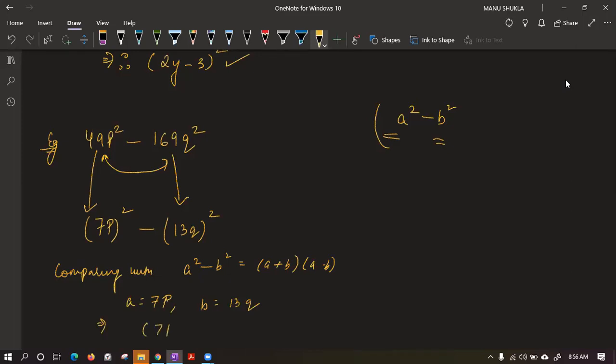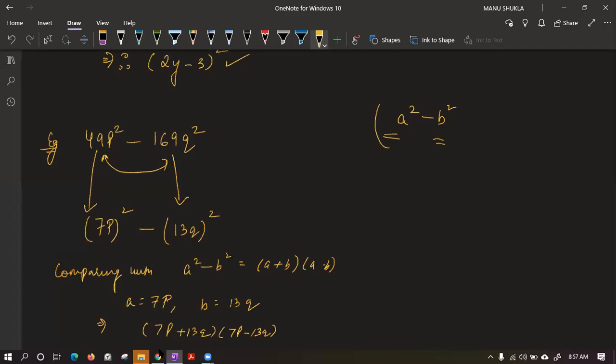The answer is 7p plus 13q, 7p minus 13q. So just after making it resemble the formula, we can write the answer easily. It's very easy. Any doubts in this one, class? Any doubts? No. Very good. Yes, Ananya, good beta.